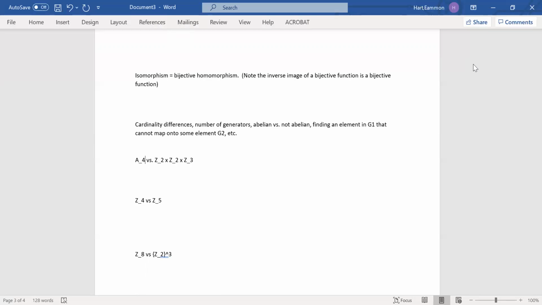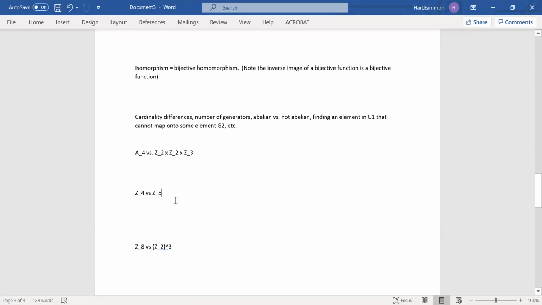Well, one of the things that you guys should know about the alternating group is that it's not abelian. Yeah, so it's also not going to be cyclic, but the easiest thing is it's just not abelian. These guys are abelian. So this is also not going to be a cyclic group. You need 2 generators to generate this group, not just one. But A4 is not abelian. This guy is abelian.